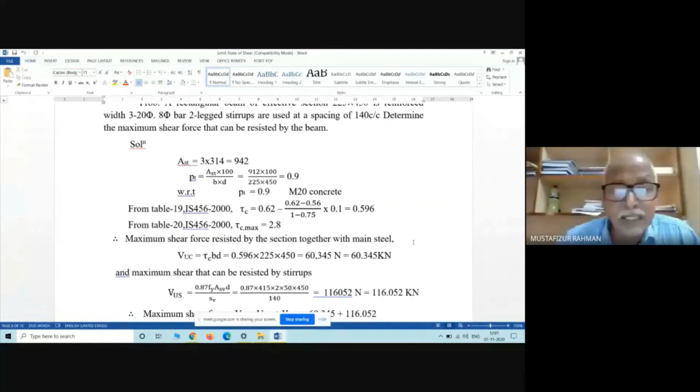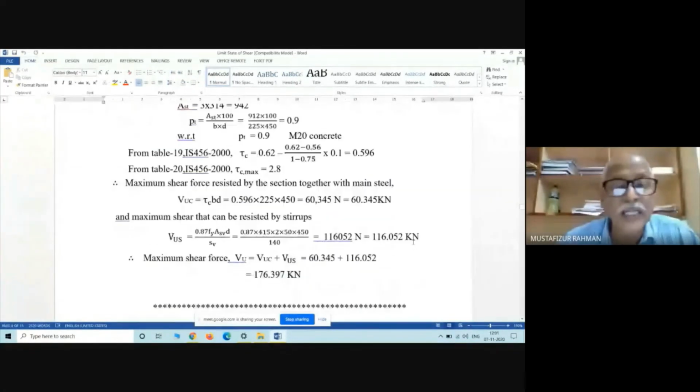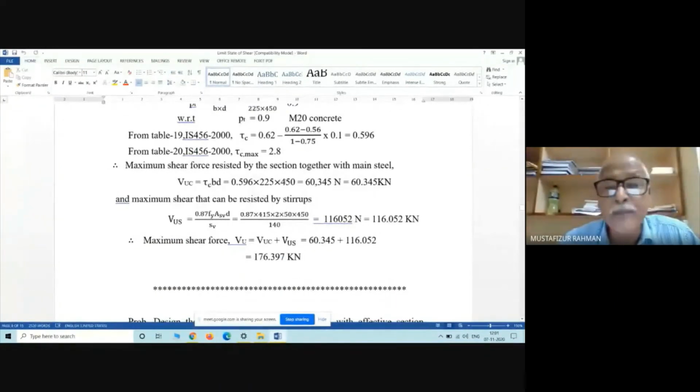Now we have to find out the shear that can be resisted by the stirrup. The maximum shear that can be resisted by the stirrups, Vus, is equal to 0.87 fy Asv d by sv, the expression we have here. Here 0.87, fy is 415, 2 is the number of legs, and Asv is n times small asv.